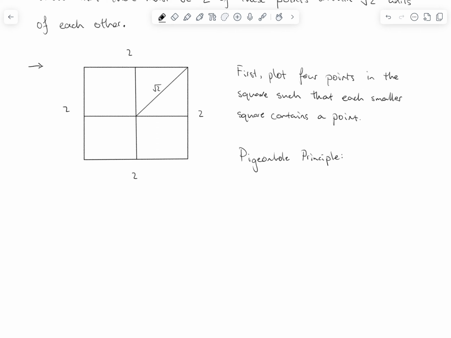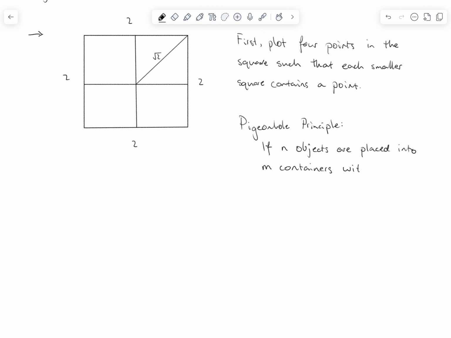Basically what it says is, if you have n objects placed into m containers, so in our specific case, a container is one of those unit squares, but more abstractly we call them containers.